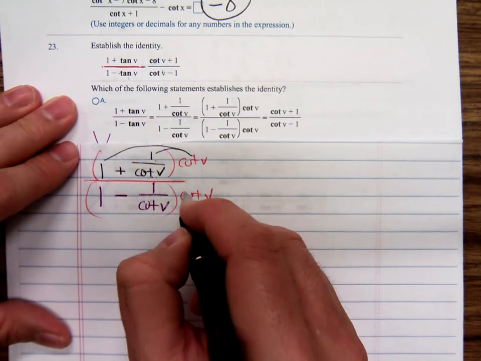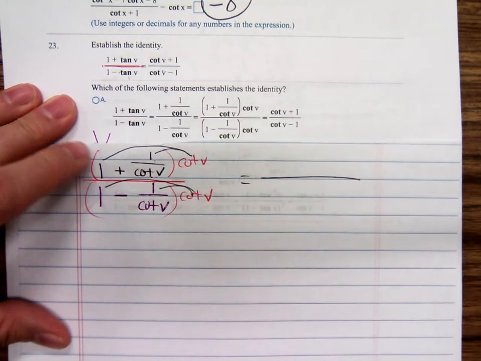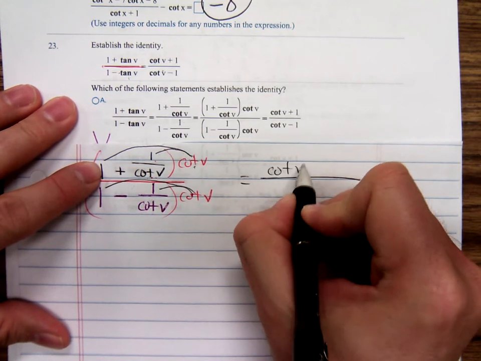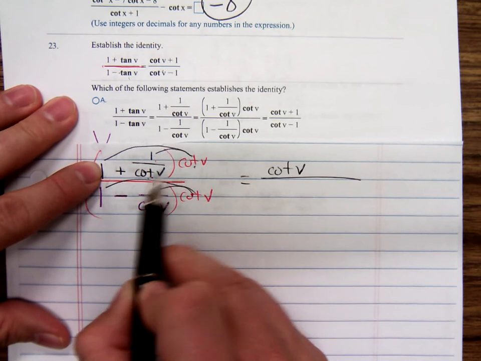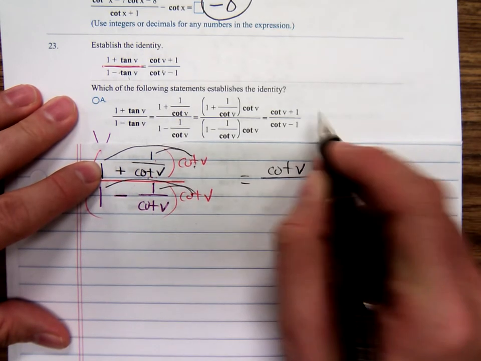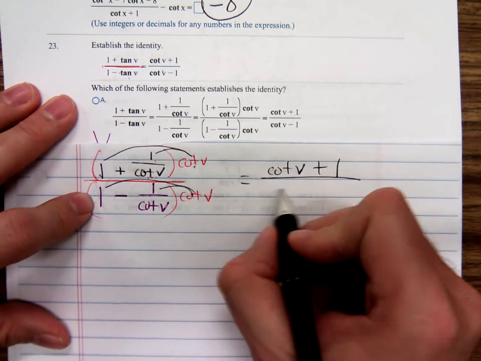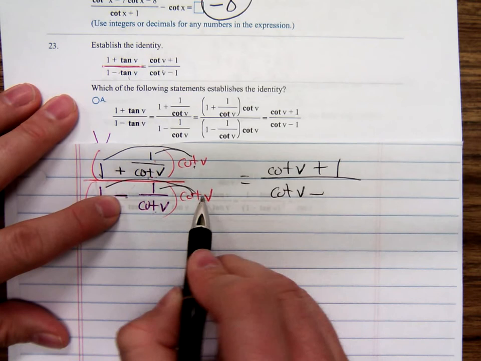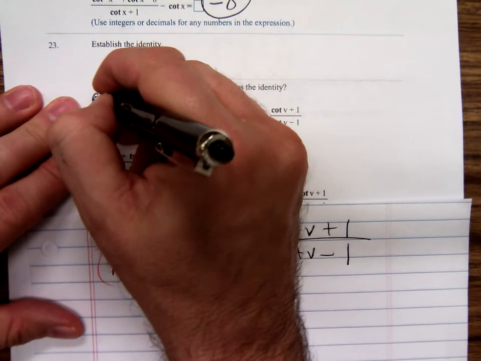And, well, yeah. 1 times cotangent v is cotangent v. 1 over cotangent v times cotangent v, those cancel, so that's getting you the +1. And then cotangent v minus 1 over cotangent v times cotangent v. Answer is definitely A on that one.